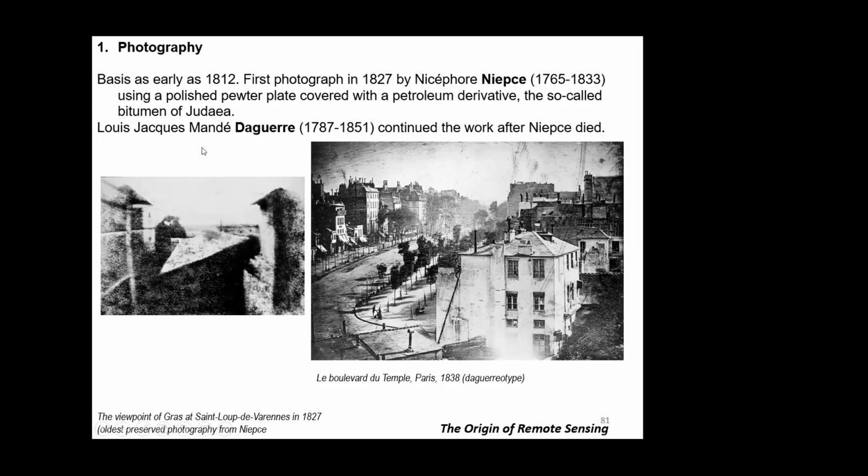One of his collaborators, named Daguerre, continued the work and developed particularly what we call the daguerreotype. It is the first type of image fixed on a solid support. And this is one of the famous daguerreotypes representing a road in Paris, the Boulevard du Temple, in 1838.